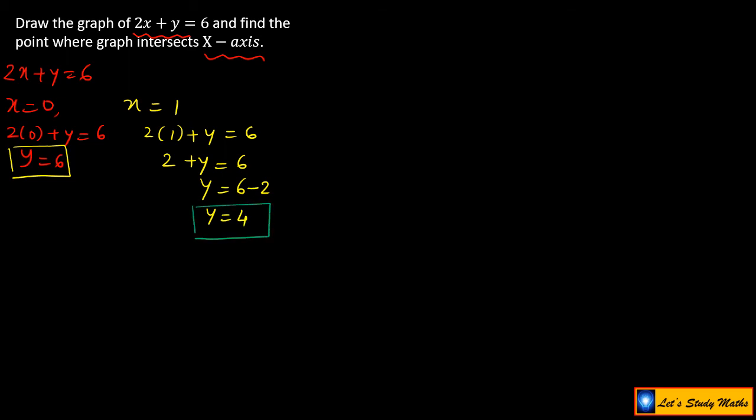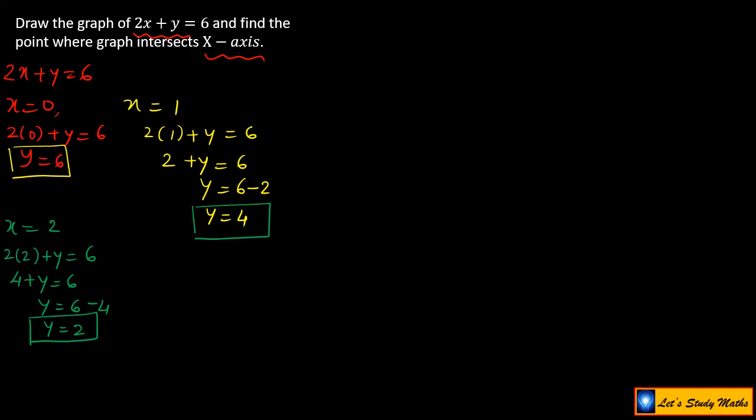The third solution we'll calculate now. I'll consider x equal to 2. Then 2 into 2 plus y is equal to 6, so 4 plus y is equal to 6, then y is equal to 6 minus 4, so y is equal to 2. This is the third solution.